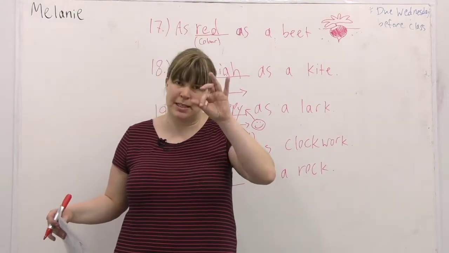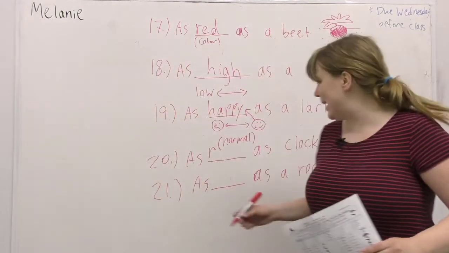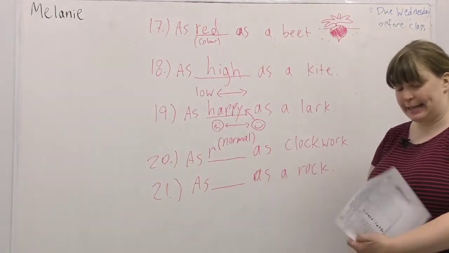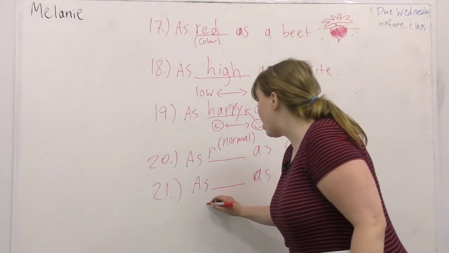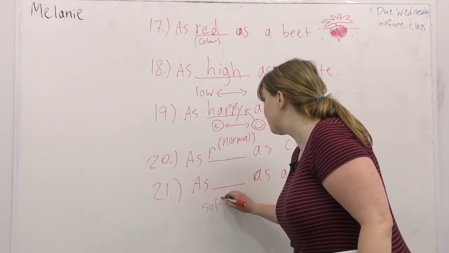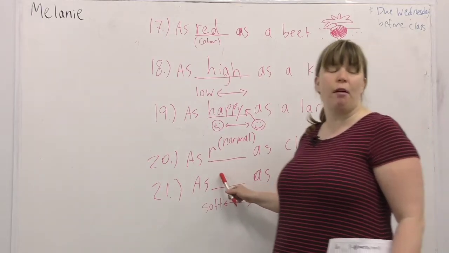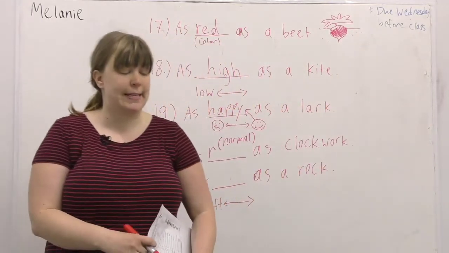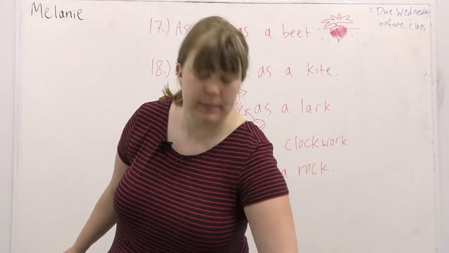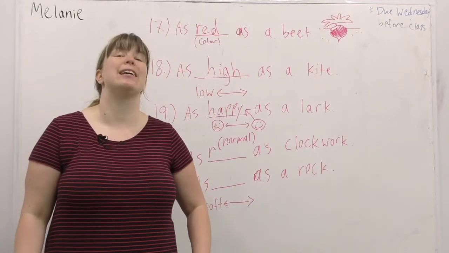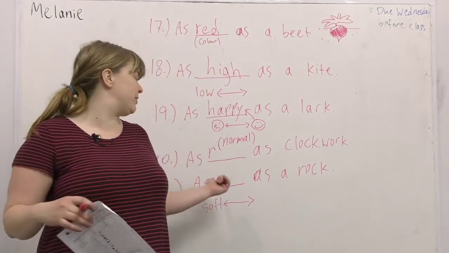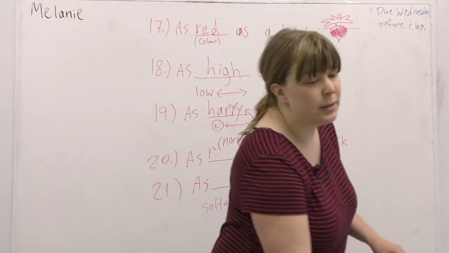Just simple chips with a bit of salt. Okay, and this one is the opposite of soft. What is the opposite of soft? For example, this table, it's not soft, it is. I'll let you try and figure that one out on your own.